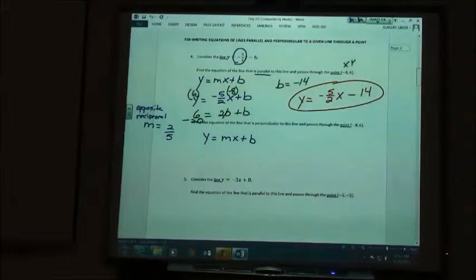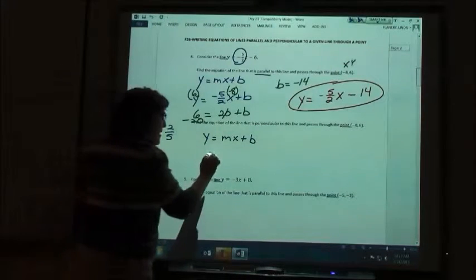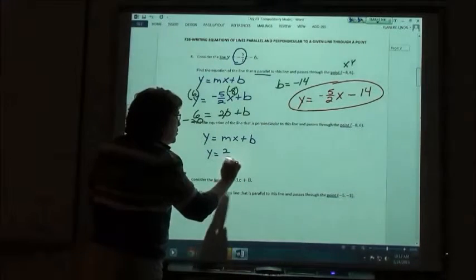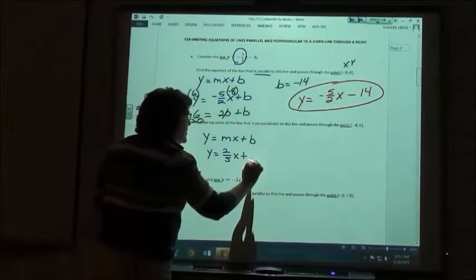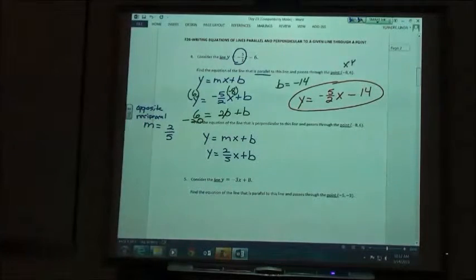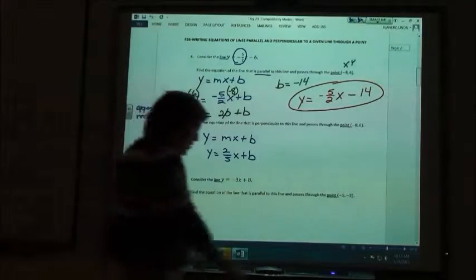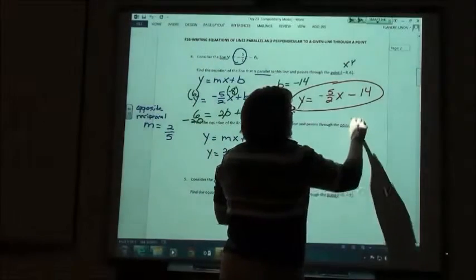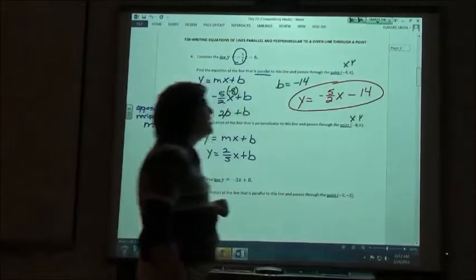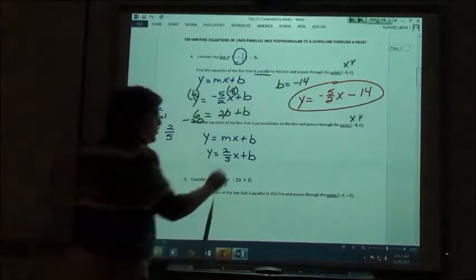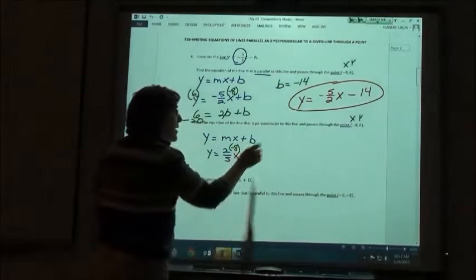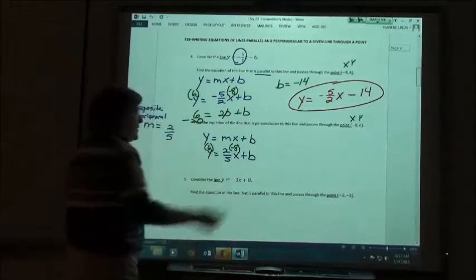So now we're going to do the same thing we just did. We're going to only use this slope instead. So y is going to equal 2/5 x plus some number b. And then we're going to go to our point and put those two numbers in for our x and our y. So x is going to be negative 8 and y is going to be 6.